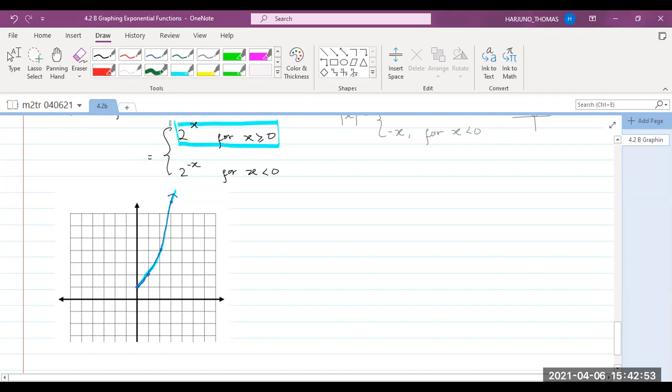Now then, how about 2 to the negative x? Then I graph the negative branch of 2 to the negative x. It's supposed to look like this, 2 to the negative x, right?